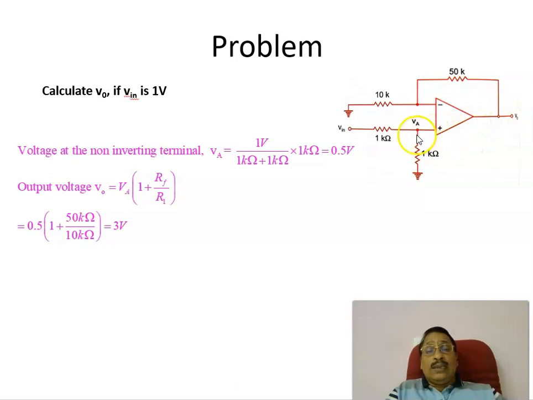First you have to find out the voltage coming at the non-inverting terminal. V plus, what is that voltage? What is the voltage coming at this point? Because there are two resistances connected as a potential divider, the voltage at the non-inverting terminal, we can say VA, is equal to the input voltage divided by R1 plus R2 into R2, or the input voltage divided by 1k plus 1k into 1k.